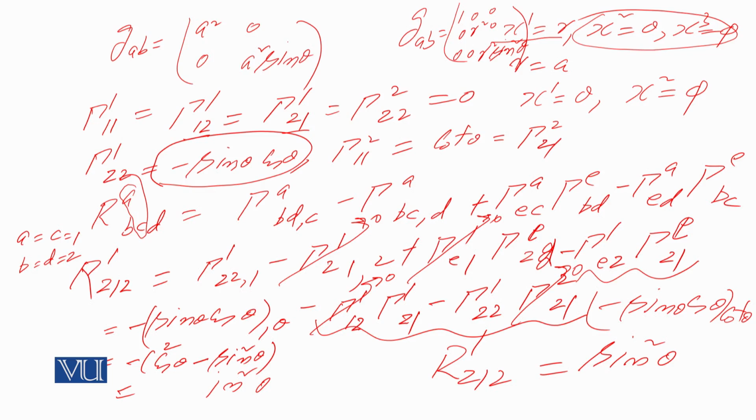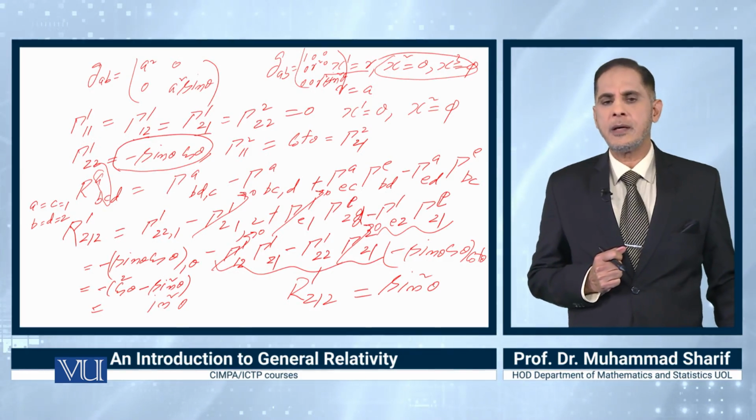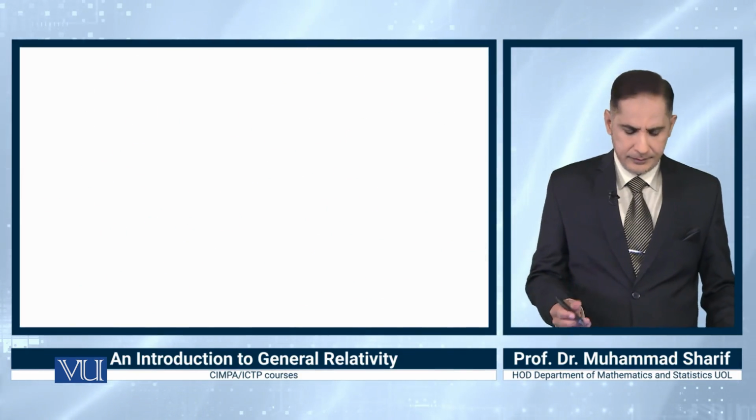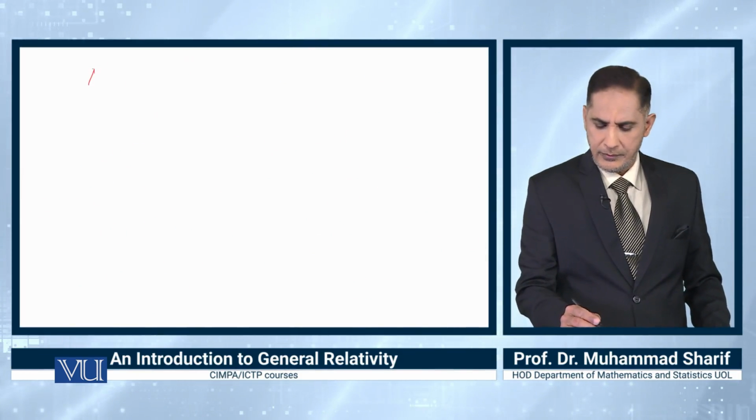If we have the Riemann tensor, then we can calculate the Ricci tensor or Ricci scalar. So you can see that you have found R^1_212 is equal to sine square theta.